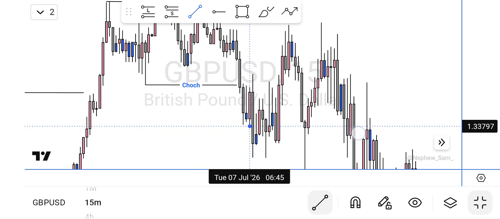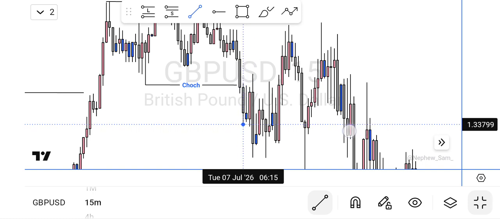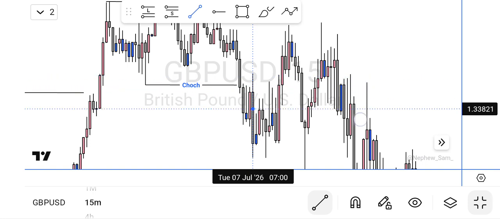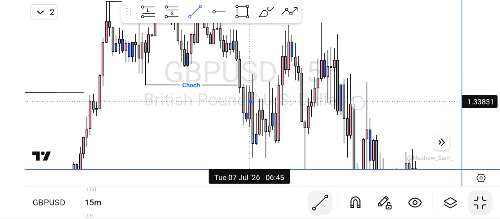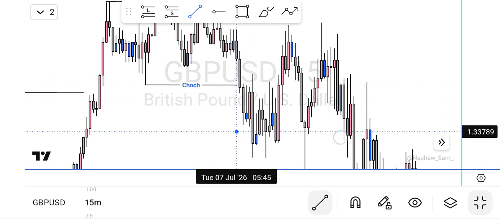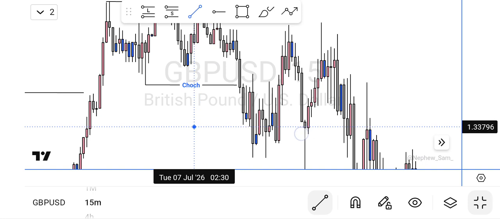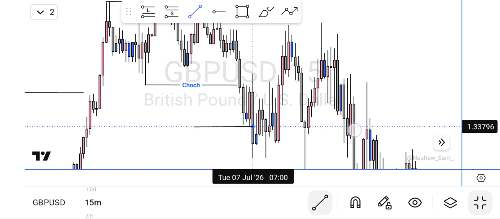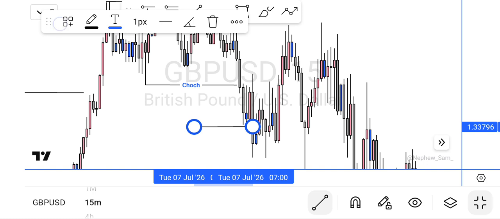This candle took out the low of this bearish candle, and then this candle that came down also took out the high of this candle, making it a valid pullback. So this one becomes our confirmation break, which is the second break.